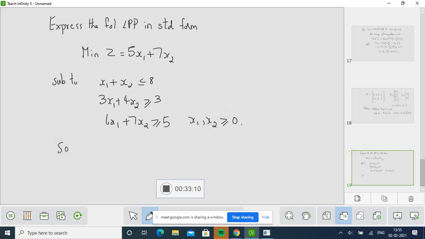So in this solution, first we need the standard form.